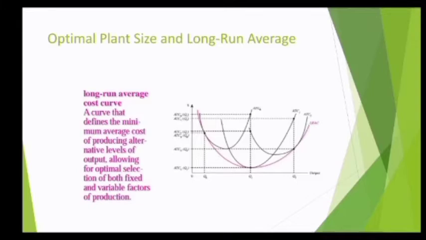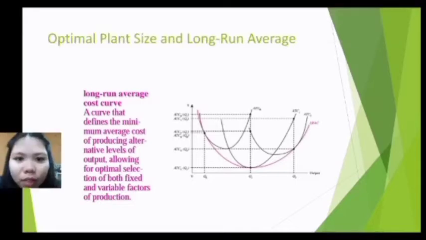Or also we can see that the ATC sub 0 intersects the ATC sub 1 and the ATC sub 1 intersects ATC sub 2. That's the end of my discussion about the 7 topics in the production process.